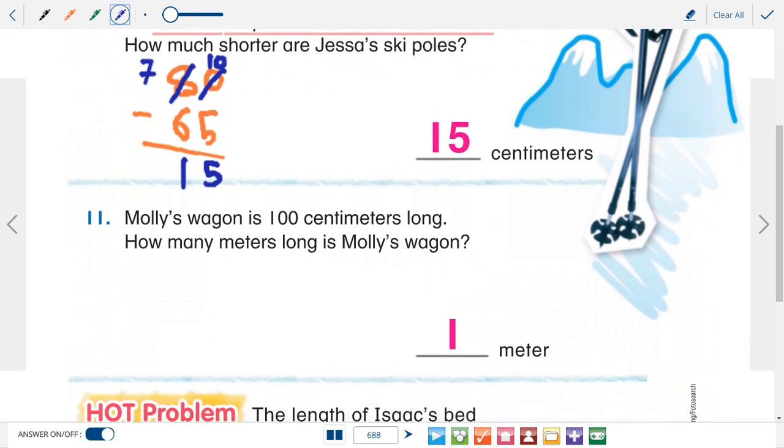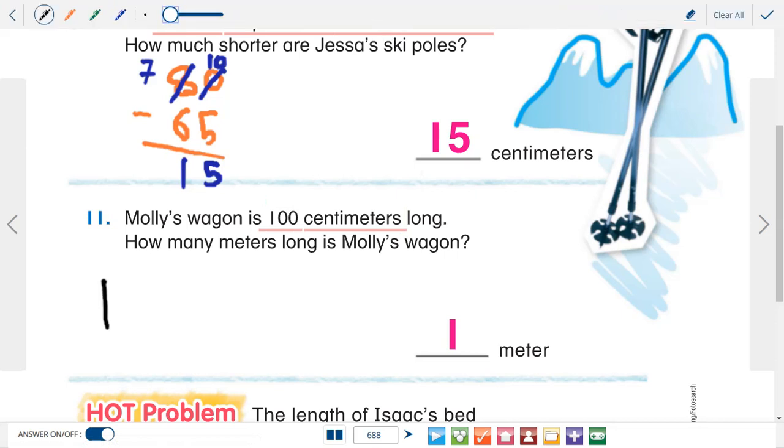Molly's wagon is 100 centimeters long. Okay? How many meters long is Molly's wagon? So look, if it is 100 centimeters, do you remember when we talked about centimeters and meters? Yes, we said that 1 meter equals 100 centimeters. Do you remember this?